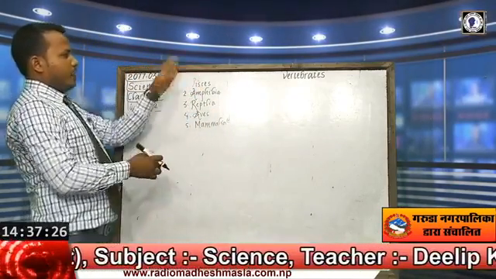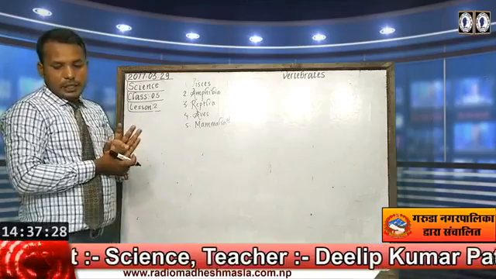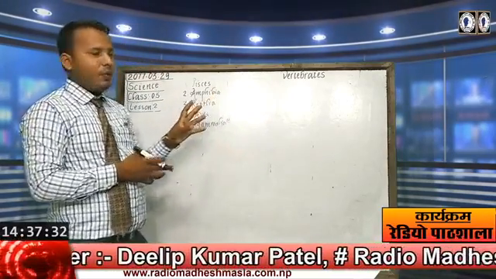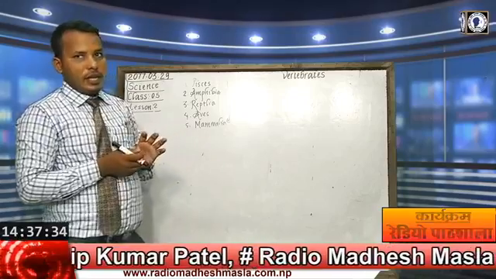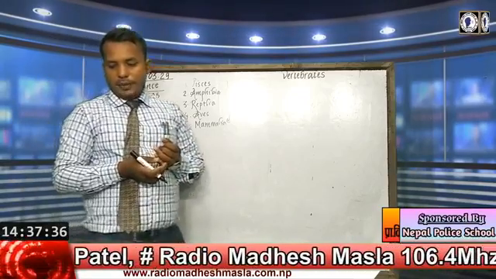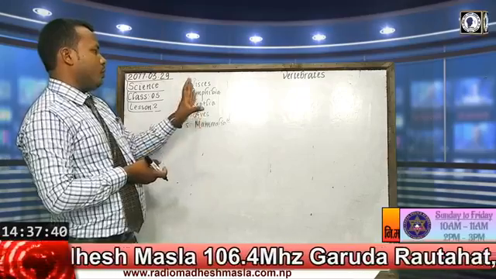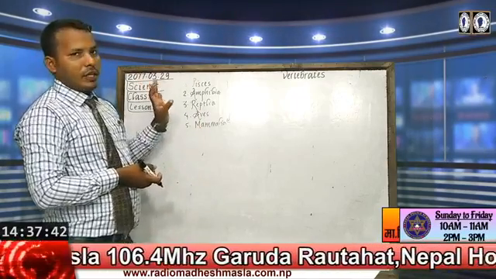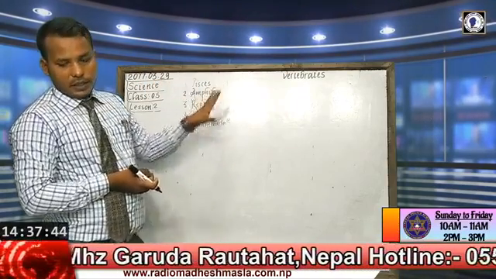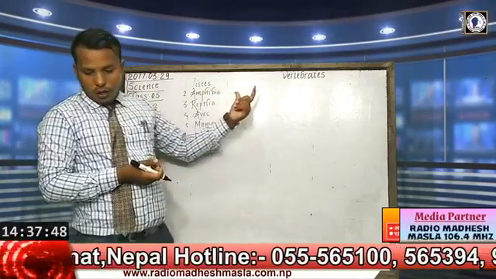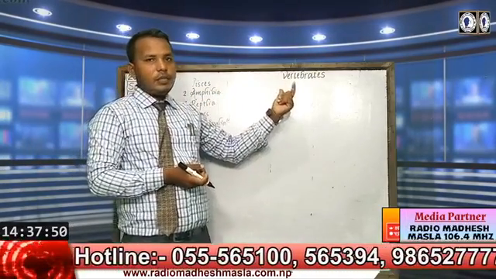Next, characteristics of Pisces. Their body is long, streamlined, and usually covered with smooth scales. Number 2, their body can be divided into head, trunk, and tail. Whose body? Pisces' body is divided into 3 parts: head, trunk, and tail. They have fins for locomotion and gills for respiration.